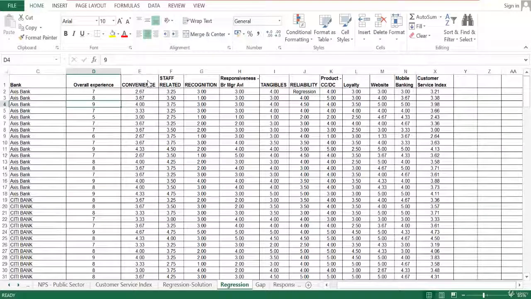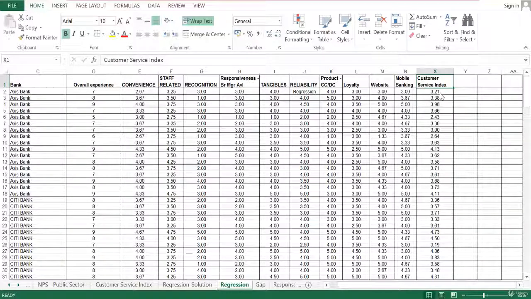So we have taken all the perceived parameters like convenience, staff related, recognition, branch manageability, tangibles, reliability, product, credit card, debit card, loyalty programs which the banks carry out, the website, that is internet banking, and mobile banking. And then we are calculating a derived metric, the customer service index, that is CSI.